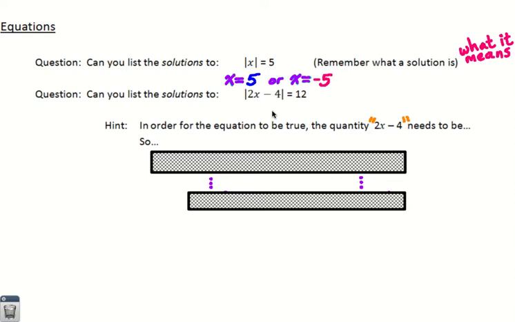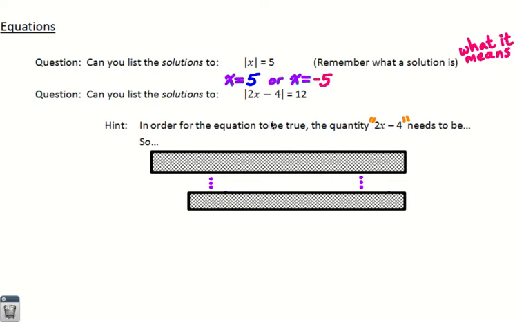The absolute value of 12 equals 12, or the absolute value of -12 also would equal 12. So basically, 2x minus 4 could be 12 in disguise, or that entire 2x minus 4 could equal -12.